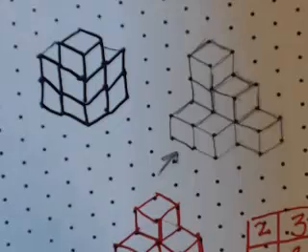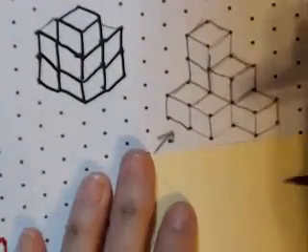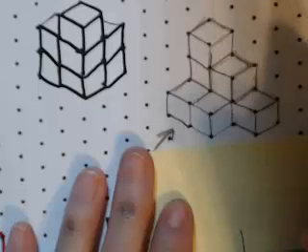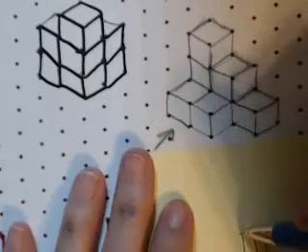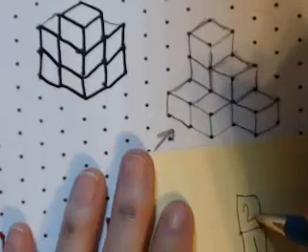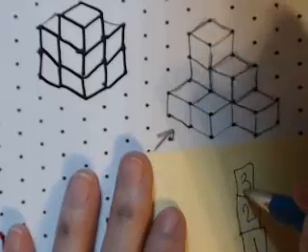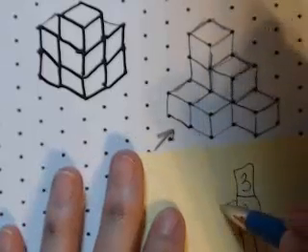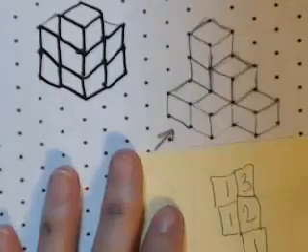Okay, so this would be one. Behind that is 2, and behind that is 3. And then beside the 2 is 1, and beside the 3 is 1.